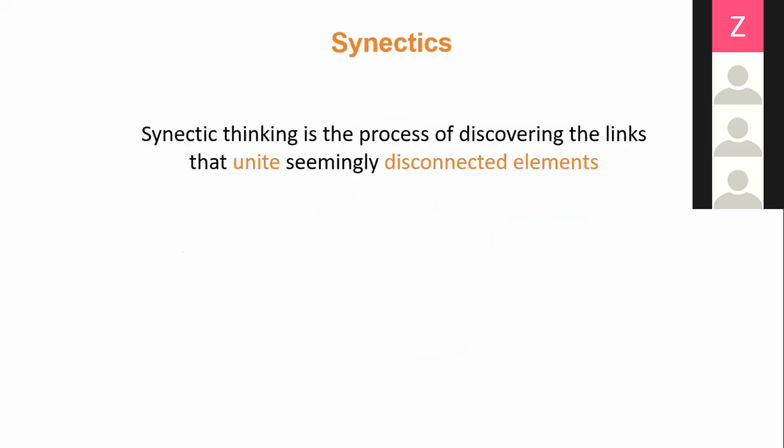Now the next design method is synectics. Synectic thinking is where we take some elements that are not really connected with each other, and we find links that unite them, that join them.